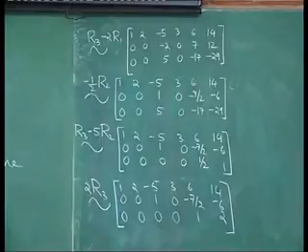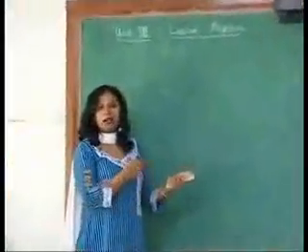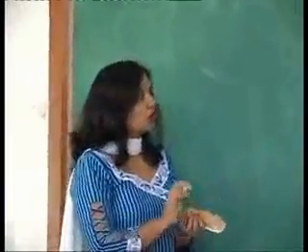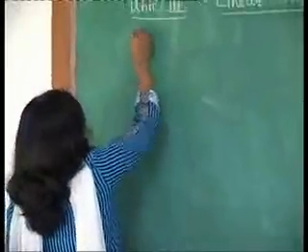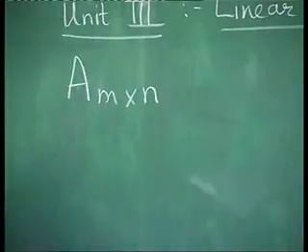Now, before I go to the rank of a matrix, I must tell you how to find out the minor in a matrix which may not be a square matrix. So suppose I take a general m by n matrix.